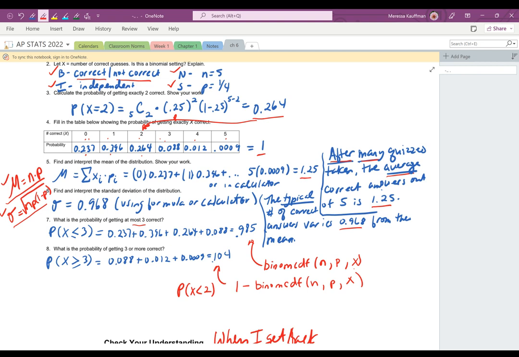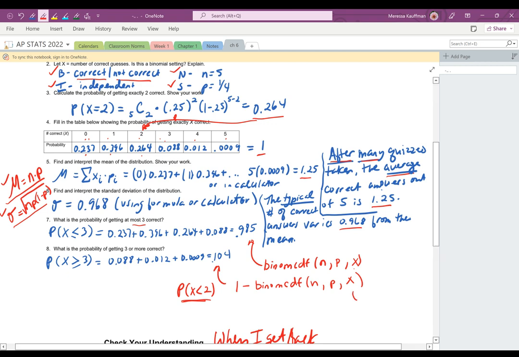And then if you have the probability of getting 3 or more, well, the way the CDF works is that we are looking at only one side. So if we have 3 or more, we have to think about it as 2 or less, because what we are doing is we're going to subtract from 1 our CDF in order to find the answer.